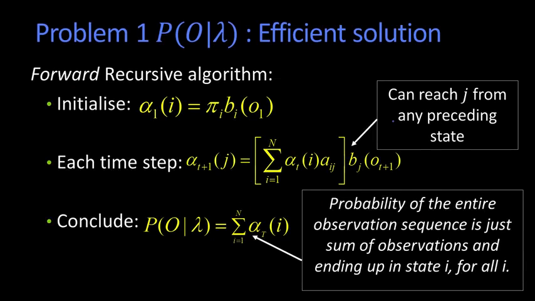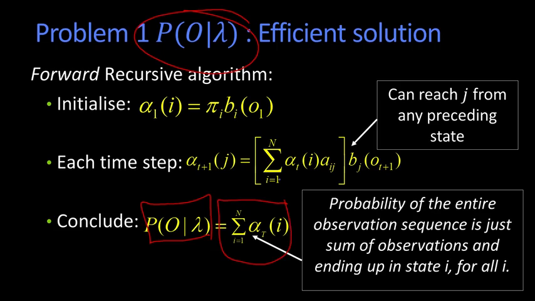Well, that means that the probability of the observation given the machine, and that's what we're trying to compute, is just the sum of all the alpha capital T of i's, right? Alpha capital T of i is the probability of seeing the whole observation sequence and landing in state i. I sum that up over all the i's, and that's the probability of the entire observation sequence.